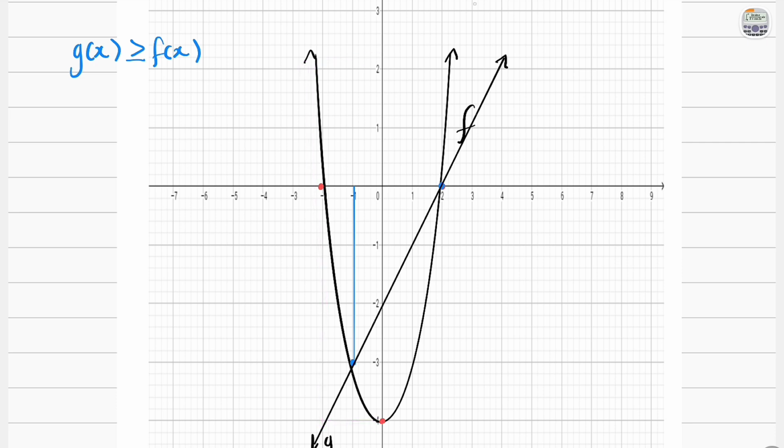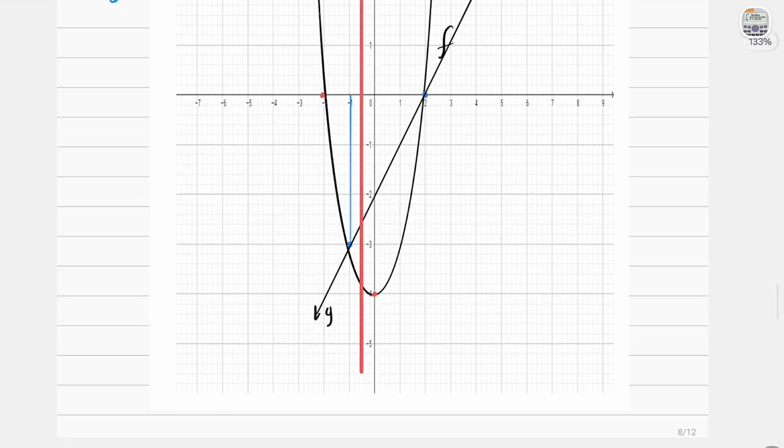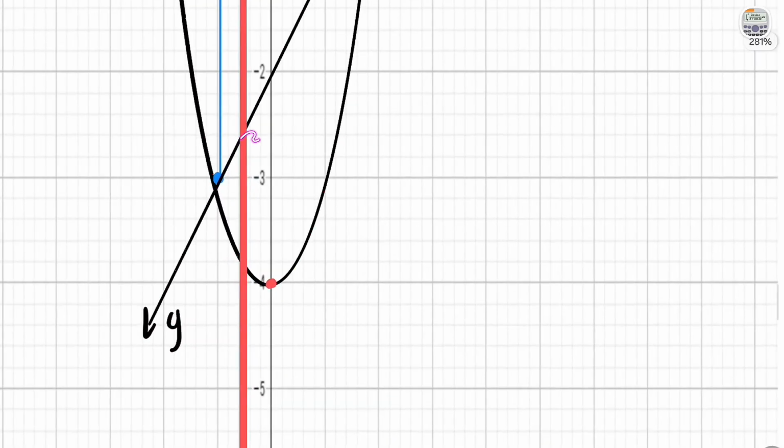But if you keep moving to the right, you can use a ruler to do this, look at what happens. At some point they meet. They intersect at x equals -1. Then after this, look at what happens. The graph of g now has a higher y value than the graph of f's y value at this particular x value. The graph of g has a y value over here, -2 point something, and then this one is over here, -3 point something.